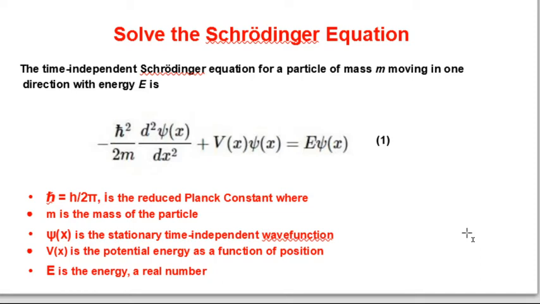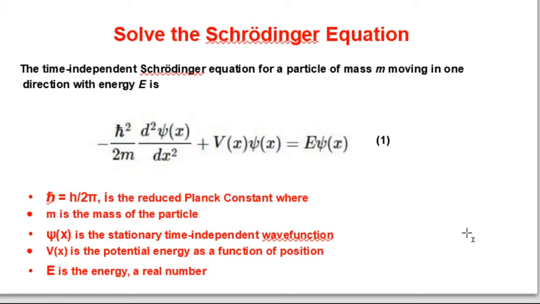Now we can explain the terms as well. H cross is simply h by 2 pi, that is reduced Planck's constant. M is mass of the particle. Psi of x, psi is a function of x. That is the wave function. We call it as time independent. We are considering the time independent Schrodinger equation here. And we have put a term called stationary also.